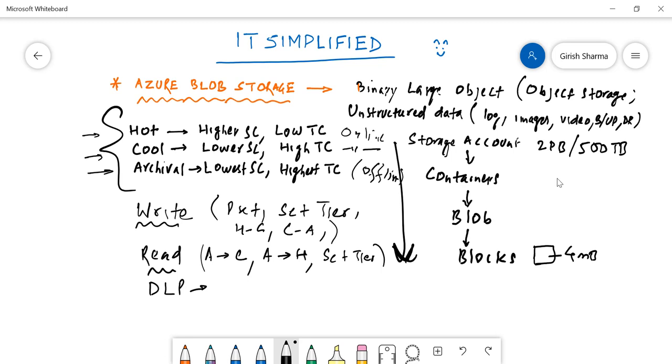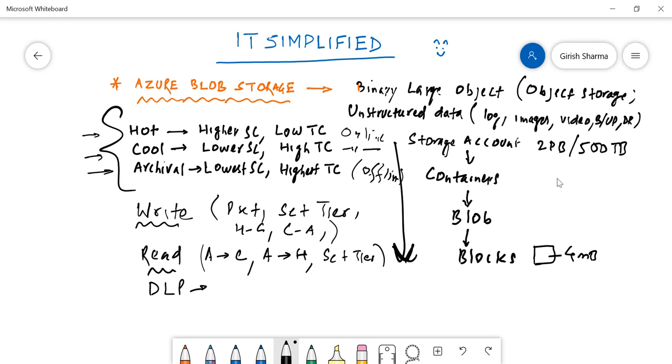So 30 days for cool and 180 days for the archival tier. For hot tier, there is no charge for retrieving the data, which is one advantage. You have to pay a higher cost for the storage, but there is lower transaction cost, and pulling the data has no charge. So 30 days for the cool tier and 180 days for the archival tier in case you delete the data before that. Something to keep in mind.